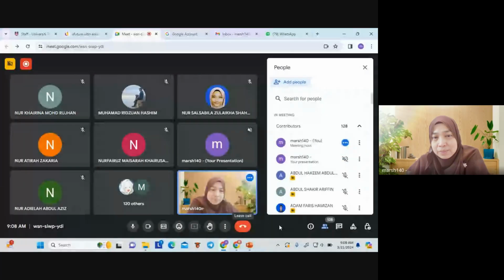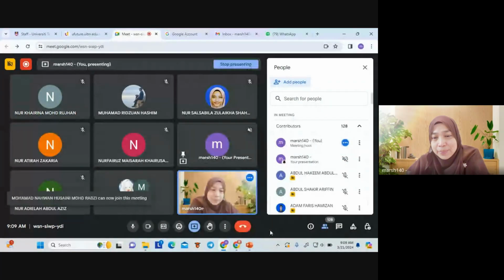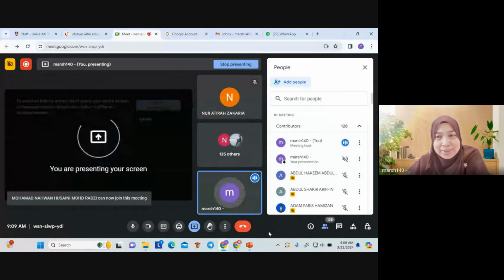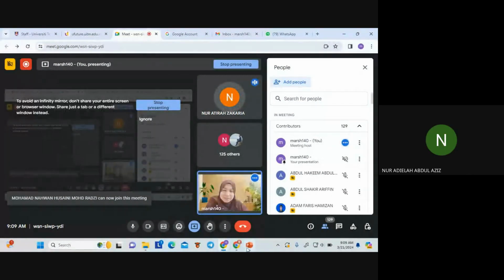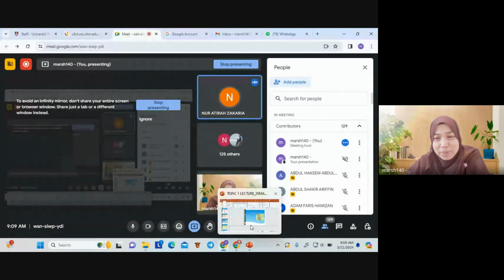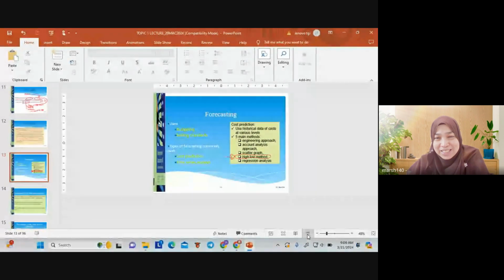Record tak share screen lah, tak record lah. Ada 2-3 orang nak masuk, kita admit. Okay, ada tak? Ada, thank you kepada yang memberitahu. Aduh.